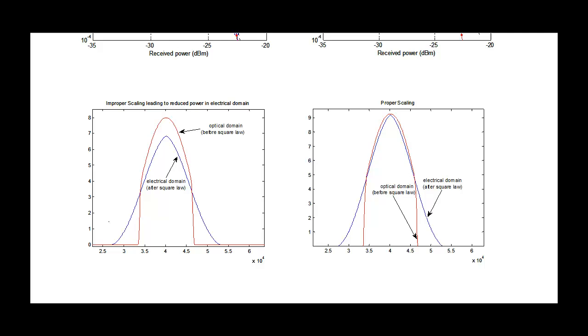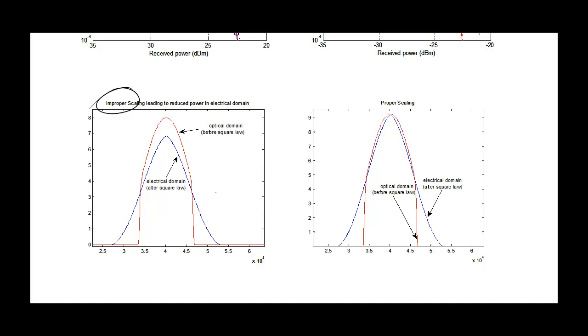On the left here, we have improper scaling. And what that means is that in the optical domain in red here, we have a certain shape, and this is the NRZ at 40 gigabits, so all of its sidebands have been cut off due to the optical filtering. When we go into the square law device, we get the frequency response you see in the blue curve.